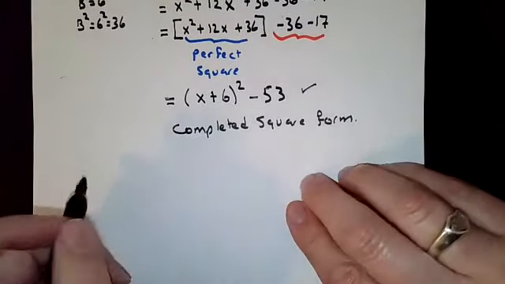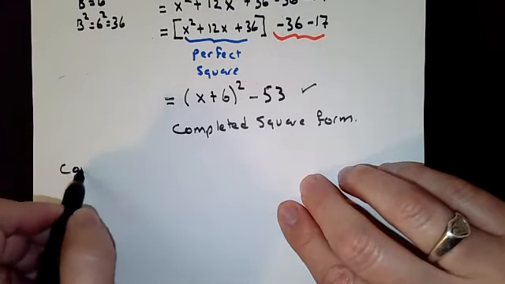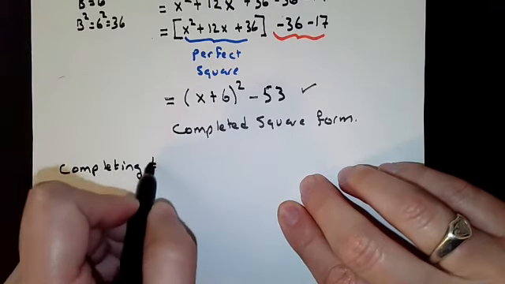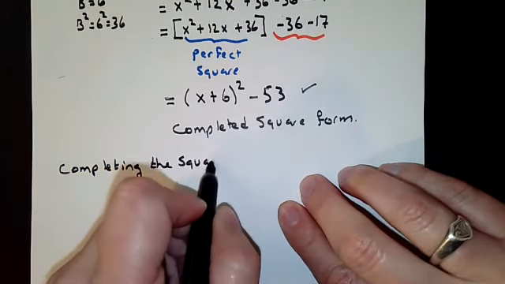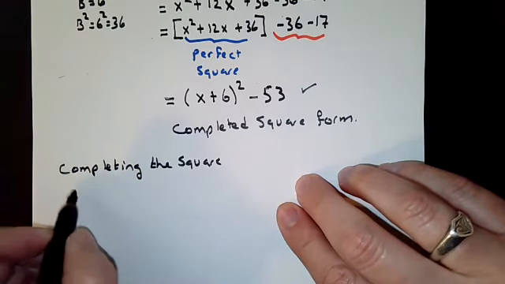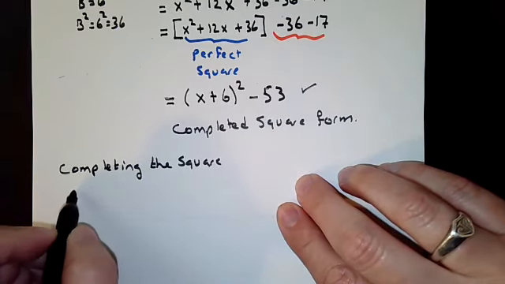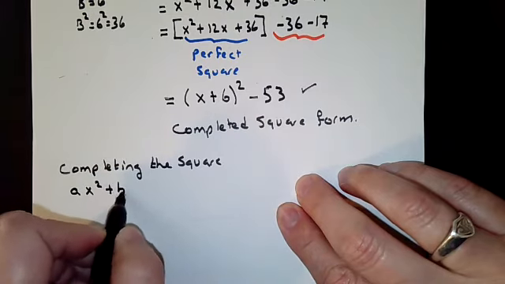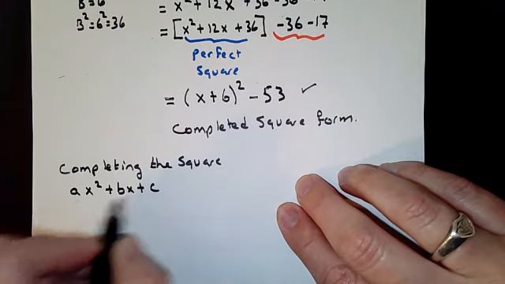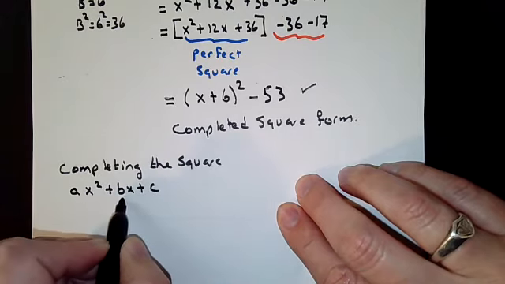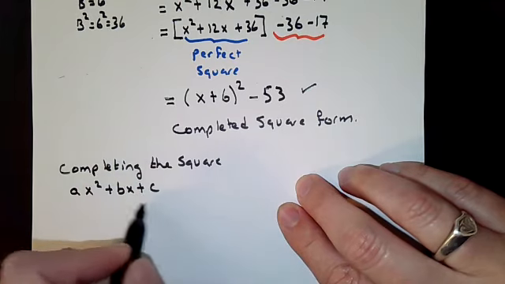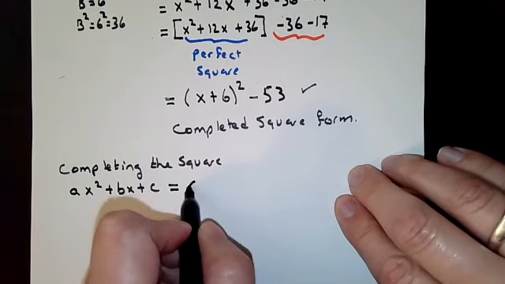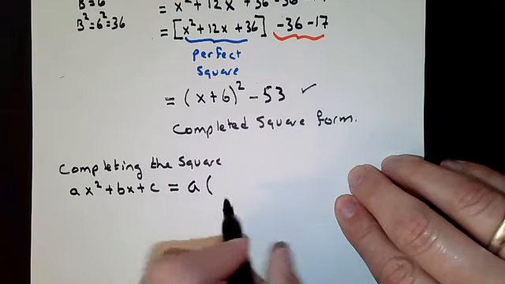In general, completing the square is a method for taking a quadratic in its trinomial form, where a times x squared plus bx plus c, a, b, and c are numbers, and transforming it, rewriting it into its completed square form, which will look like this.